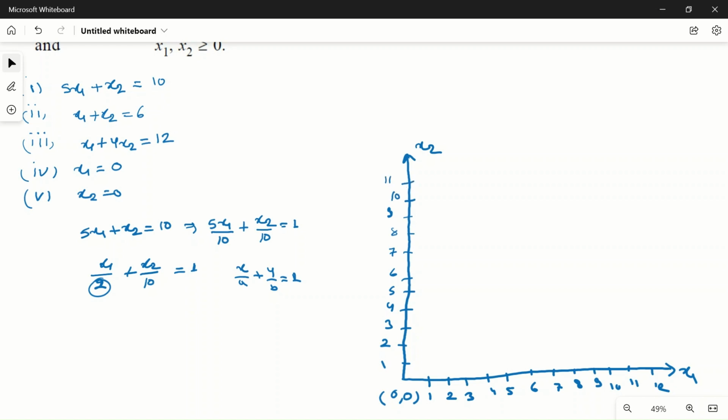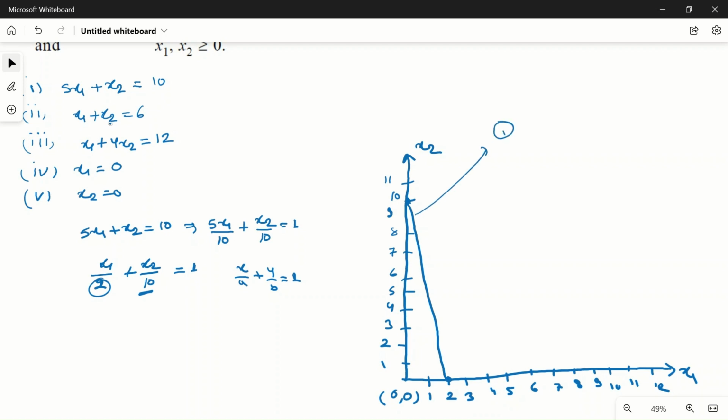So our x-axis intercept is 2, so it is 2 0, and the y-axis intercept is 0 10. So this is a line. We have to join 10 with 2. So this is our first line, which is 5x1 plus x2 is equal to 10. We will mark it as the first line.